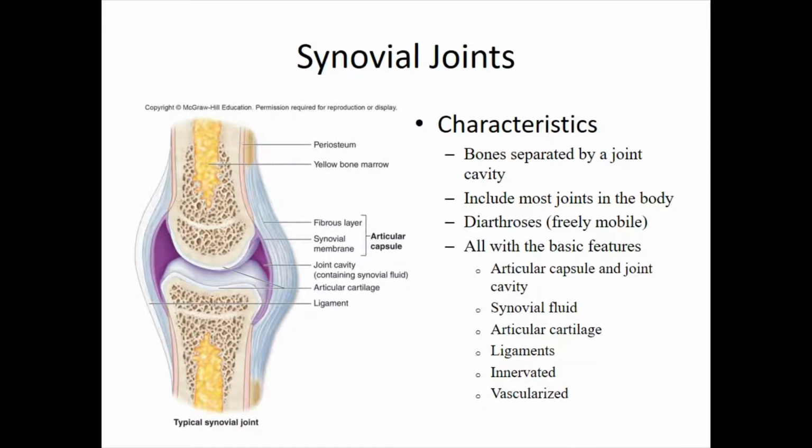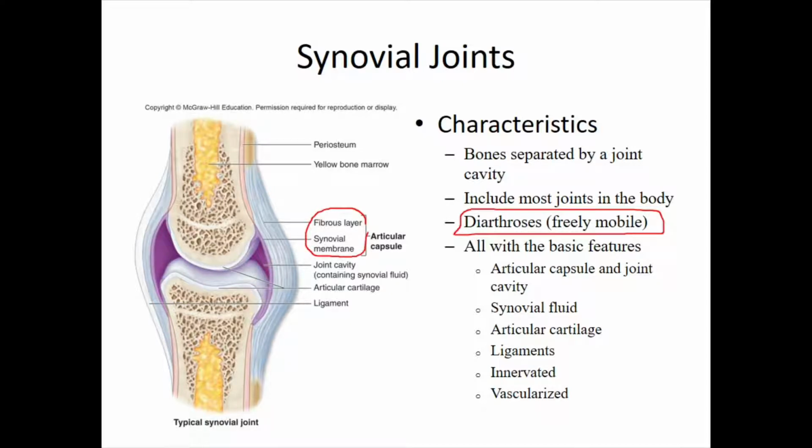Again, these are always classified as diarthroses. They're always freely moving. What are the basic features? There's an articular capsule and the joint cavity. So the articular capsule has two layers. We'll talk about that in a minute.